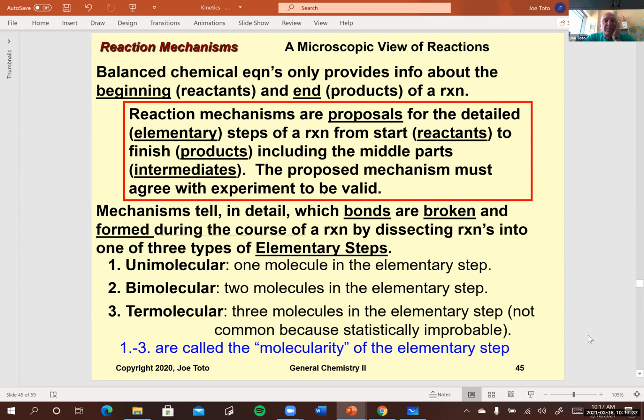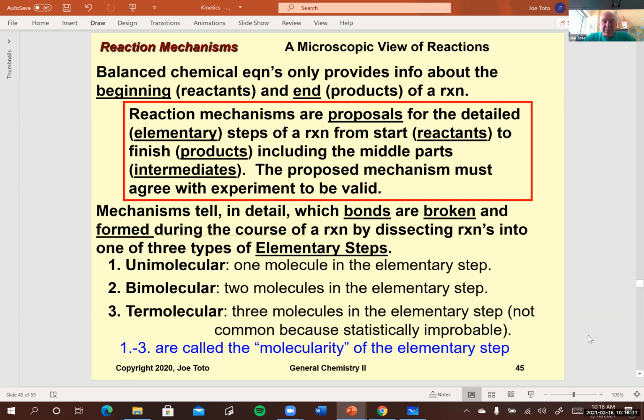Mechanisms are detailed descriptions of reactions that can't be proven without a doubt, but are taken to be true as written unless they can be disproven, in which case they're thrown away or they need to be modified. We're just going to throw them away most of the time, I think. So what are these mechanisms made up of? They're made up of what's called elementary steps. So these are like the laws for this reaction. It's kind of like a 10 commandment thing.